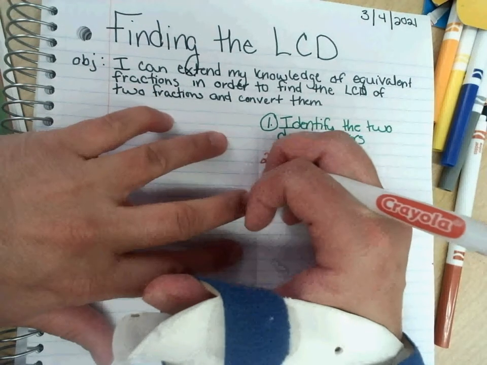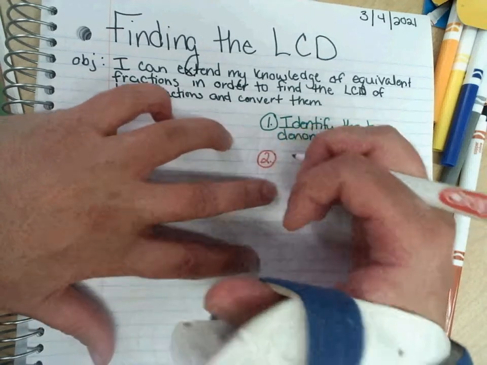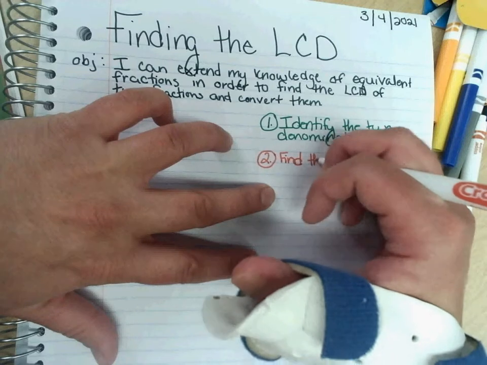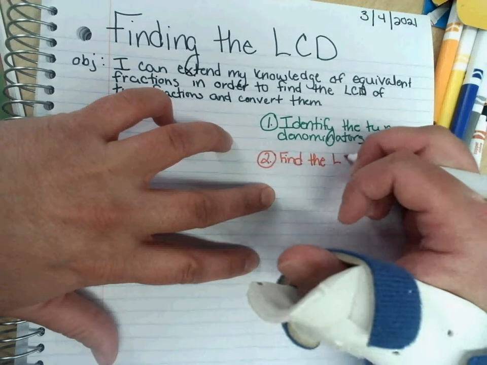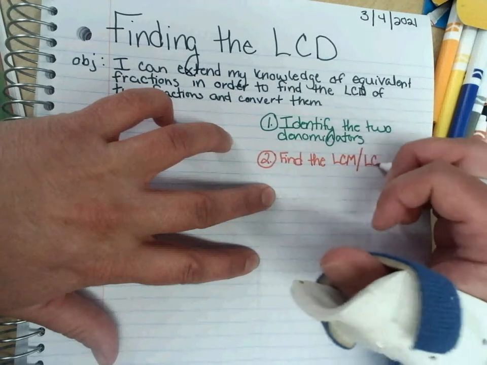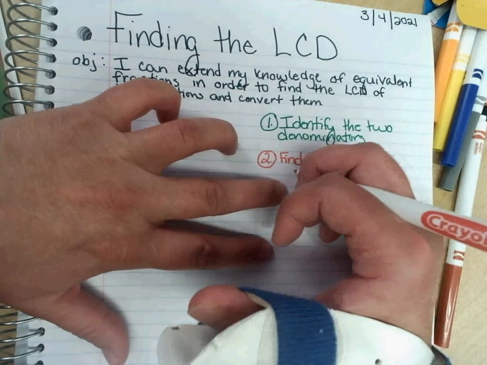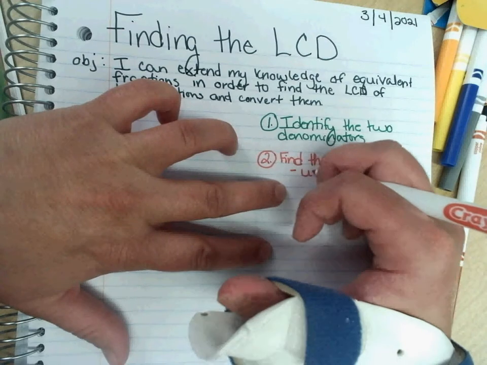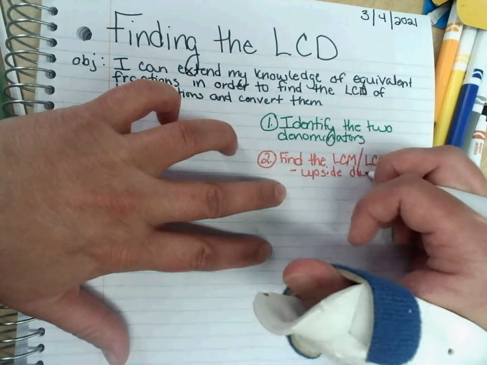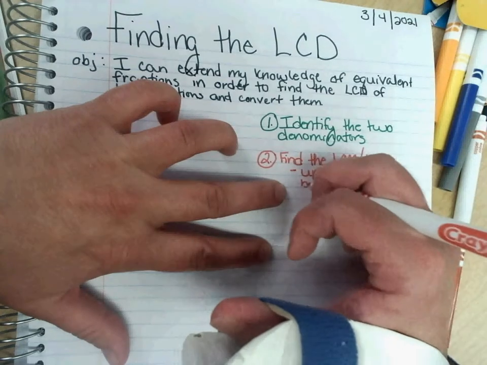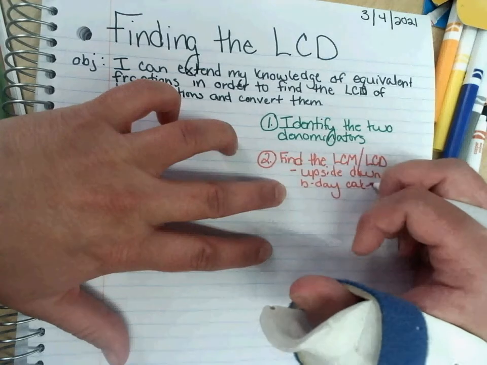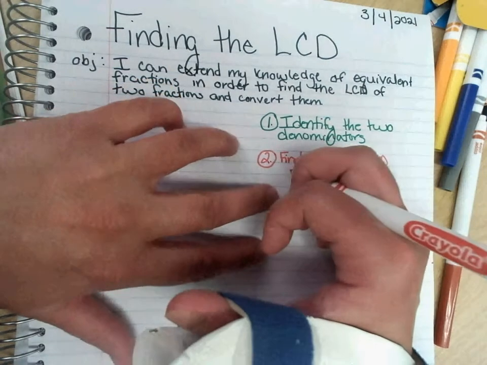Step two is to find the least common multiple, which is also, in this case, going to be the least common denominator. And remember, we have the upside down cake, and that's also known as the ladder method.